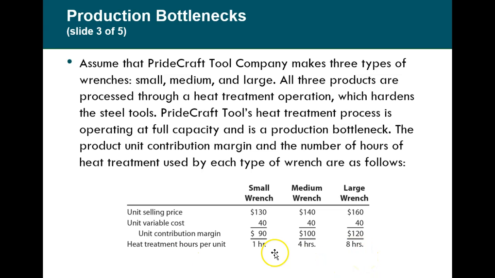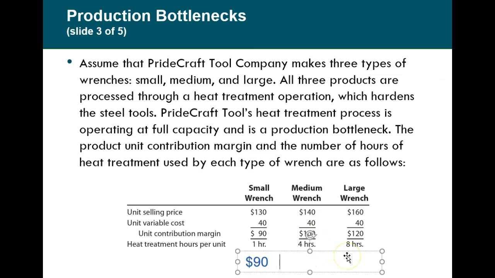So what we're going to do is look at the contribution margin per unit of the constraint. So for each heat treatment hour, I've got a $90 contribution margin here for the small one, right? For the small one, let's put that in there. Okay, so the little one would be $90 per unit of the constraint. For the medium wrench, it's $100 in 4 hours.